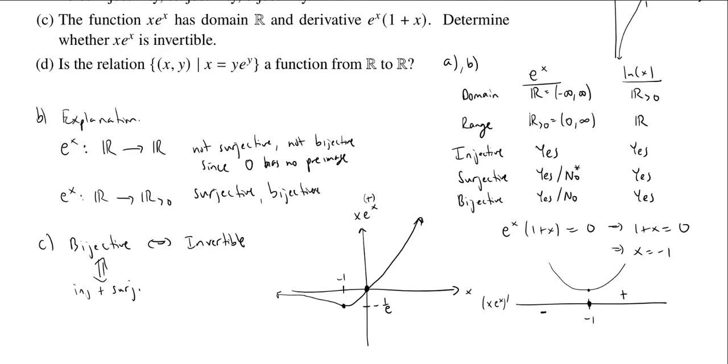Okay, but remember our whole point of this is we wanted to test the injectivity. And because this graph turns around at -1, we know that we are getting some duplications. There are points to the left and to the right of -1 where we're going to get the exact same value out.